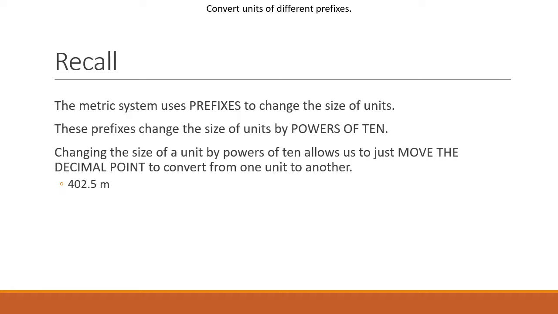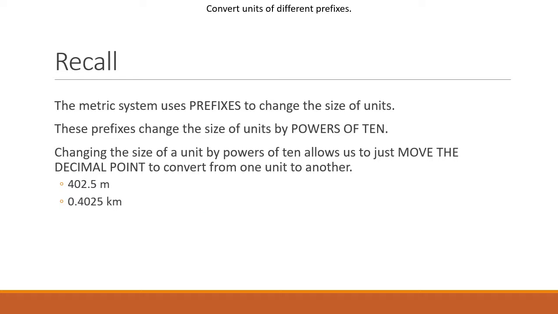So for example, if I had this measurement, 402.5 meters, and I want to change that, say, to kilometers, that ends up as 0.4025. Notice the decimal point just moved left 3 places. It moved from between the 2 and the 5, and now it's to the left of the 4, so it moved left 1, 2, 3 places.